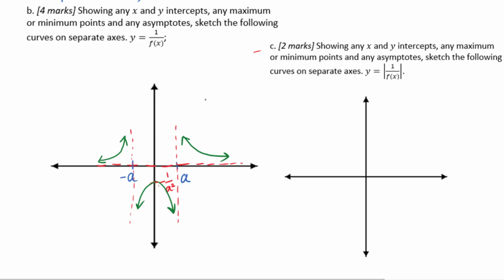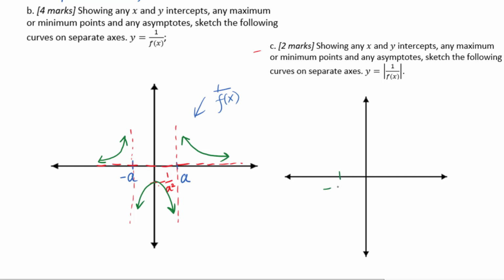This is the graph of 1 over f of x. Absolute value of 1 over f of x will have no graph below the x-axis. Any graph below the x-axis will be reflected across the x-axis.